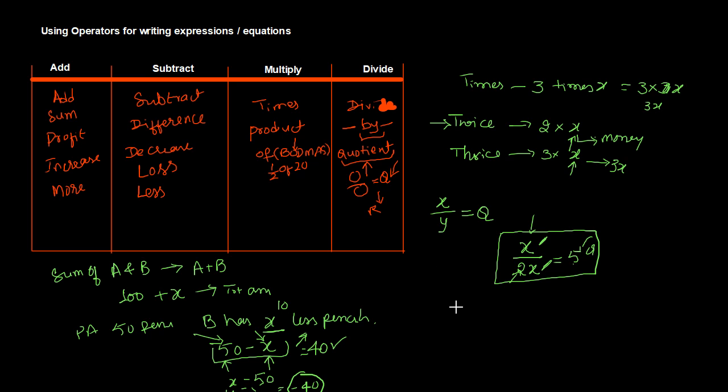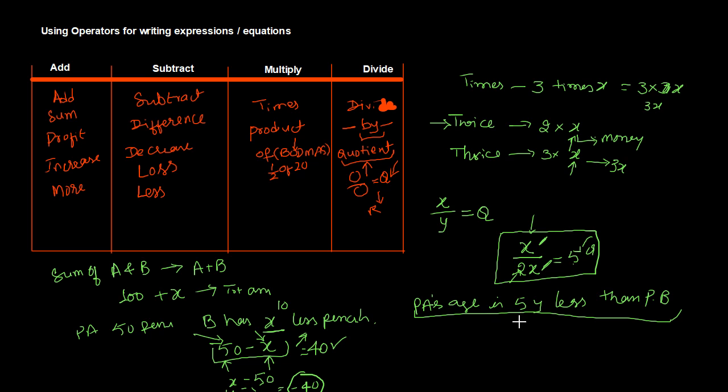So some more examples. You will also encounter some of the word problems on age. So person A's age is 5 years less than person B. In this case, I can actually just take A and B, but let's see whose age we don't know.